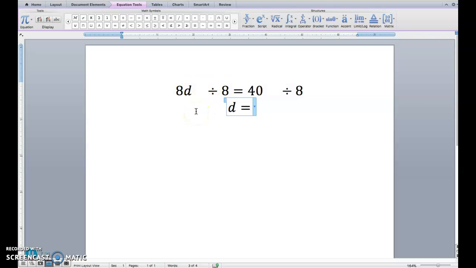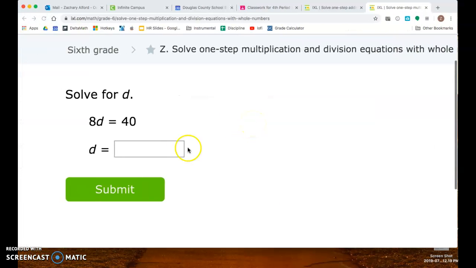We said multiplying by 8 and dividing by 8 are opposites, so multiplying by 8 and dividing by 8 cancel each other out. All that we have on the left side of the equation is d. So d equals 40 divided by 8 is 5. So d equals 5. Submit. Cool.